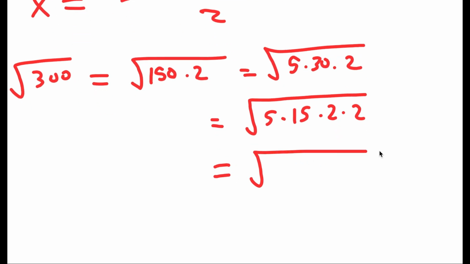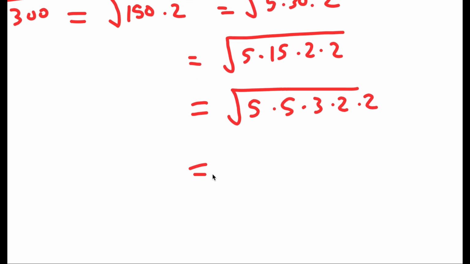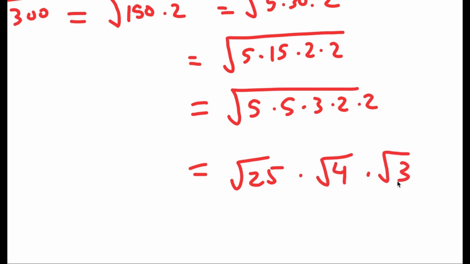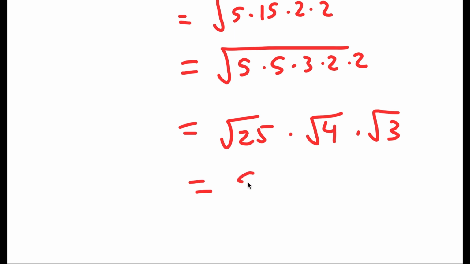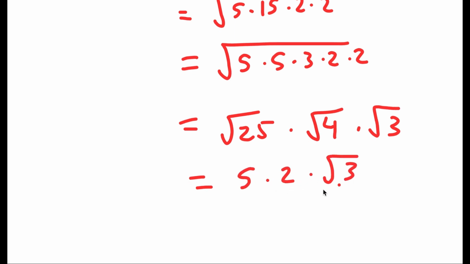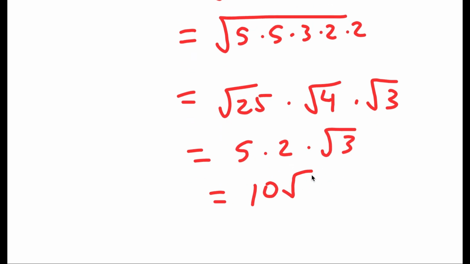And this is equal to the square root of 5 times 5 times 3 times 2 times 2. So now this gives me the square root of 25 times the square root of 4 times the square root of 3, which is equal to 5 times 2 times the square root of 3, which is equal to 10 root 3.